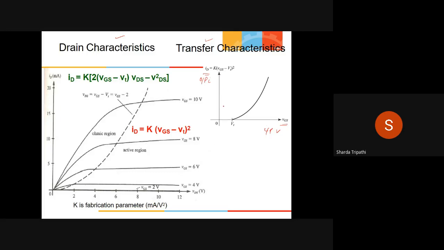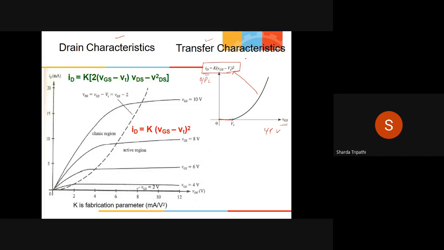Now because we understand the behavior of the enhancement type MOSFET, we know that until VGS has reached some threshold, the current will be zero, and beyond that, the current is going to increase. This increase in current is governed by this equation. If the transistor is working in the active region, this is my equation for the drain current.